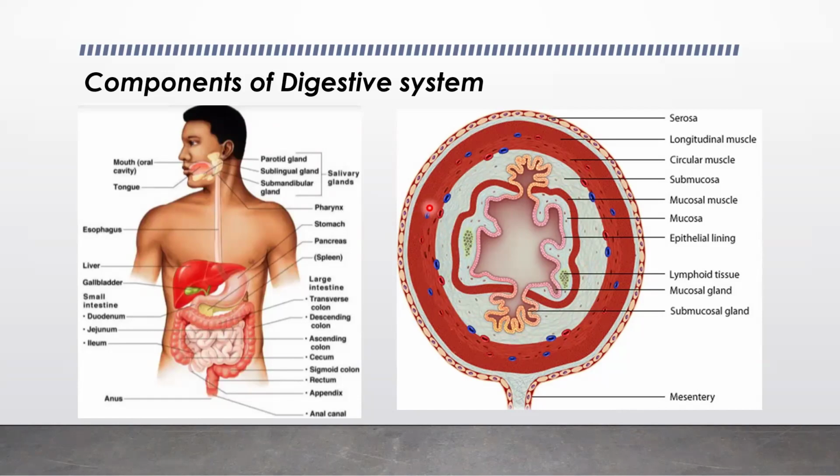Then the third layer will be the muscularis externa, comprising an inner circular layer and outer longitudinal layer. But of course, we know at this point they will vary according to the various regions that we'll be talking about. And then on the outer layer, we'll have maybe serosa or adventitia.